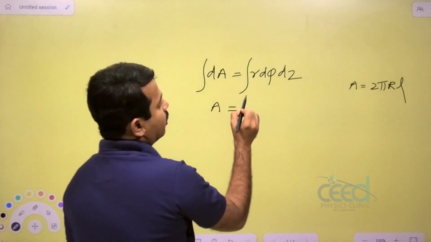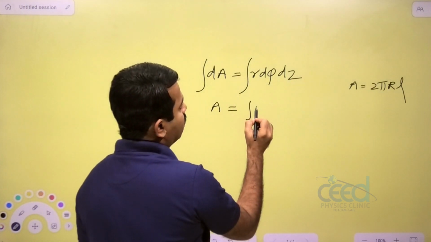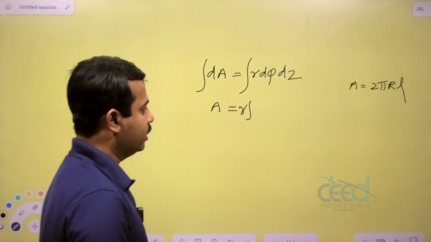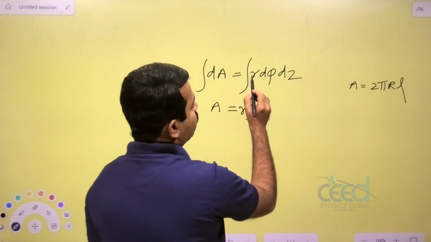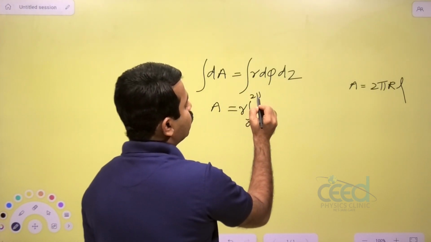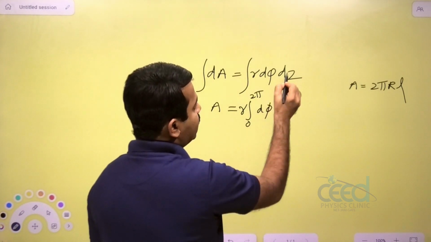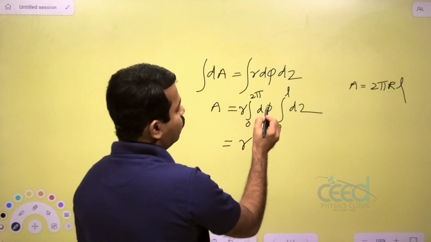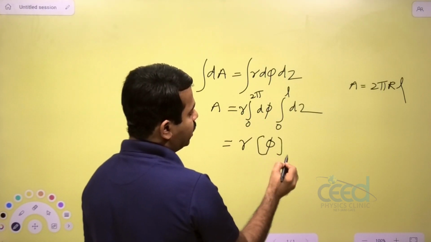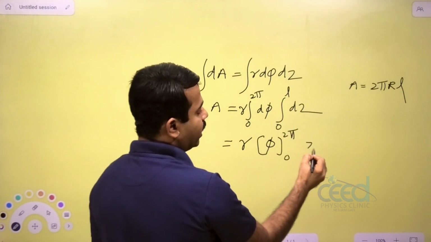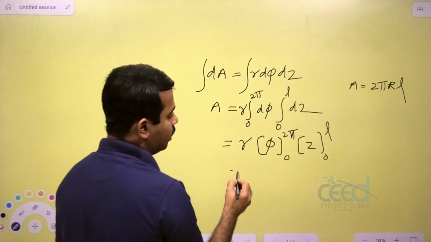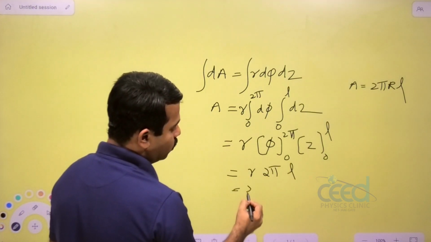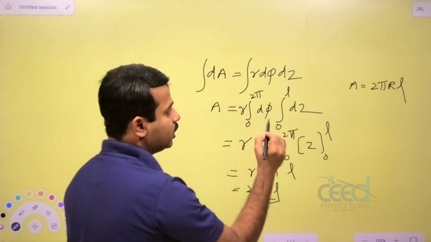R we can take out, because R is not changing. Now d phi is varying from 0 to 2 pi, and dz is varying from 0 to L. Then R into integral of d phi, limit 0 to 2 pi, and integral of dz, limit 0 to L. Then R into 2 pi into L, that is 2 pi RL, alright. So we got the area.